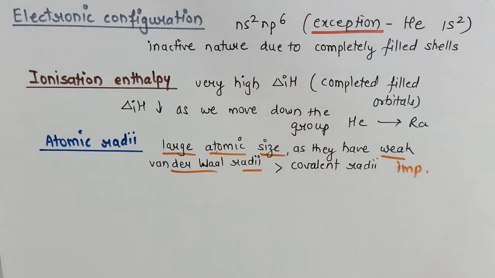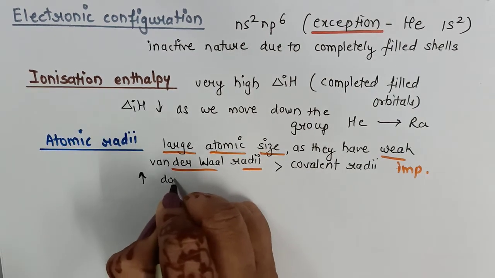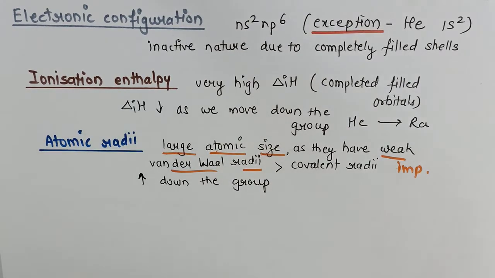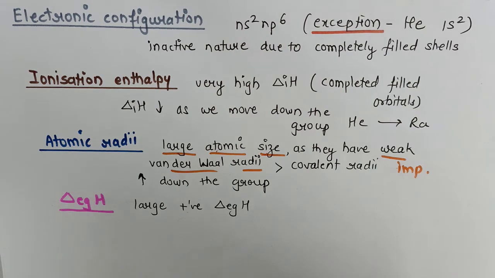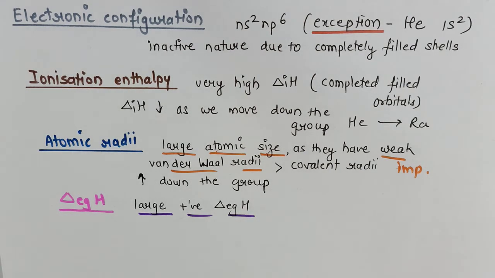One of the expected questions. Okay, but talking about the trend, atomic radii increases down the group. As we move from helium to radon, the atomic radii will increase. Noble gases show very large positive electron gain enthalpy. Now, why do they show large positive electron gain enthalpy? That means they have very little tendency to accept electrons. We know the more negative the electron gain enthalpy, the more easily the electron is gained.